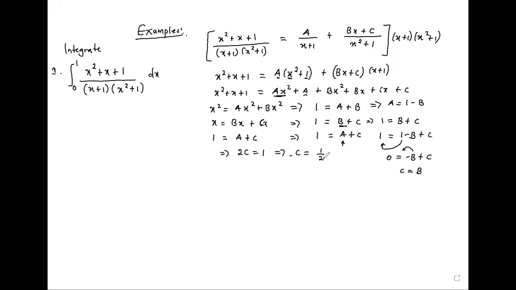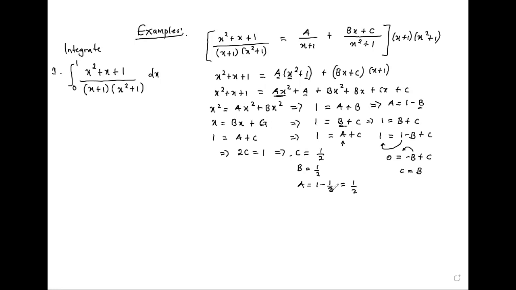So B, since they are equal, B also is 1 over 2. And since A depends on B, we'll have A is equal to 1 minus 1 over 2, which is also 1 over 2. So we have found A, B, C.